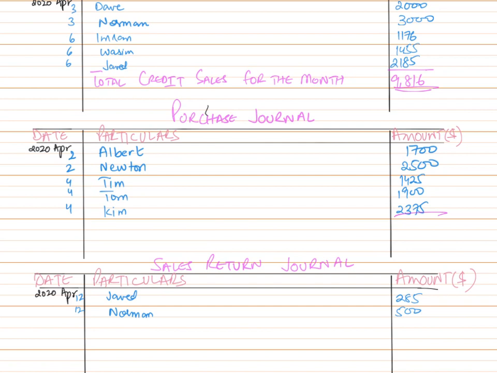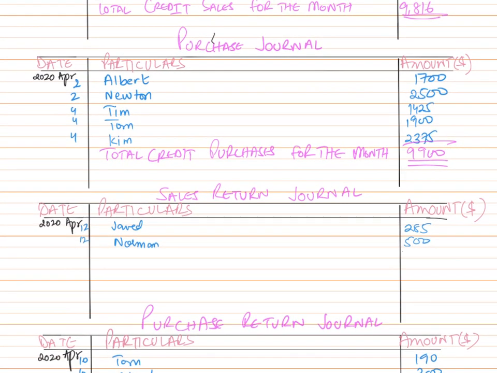The sales journal reflects all the credit sales for the month. The purchase journal total is 9,900, and this reflects total credit purchases for the month. And the sales return journal, 785, is total returns from credit customers during the month, during April.